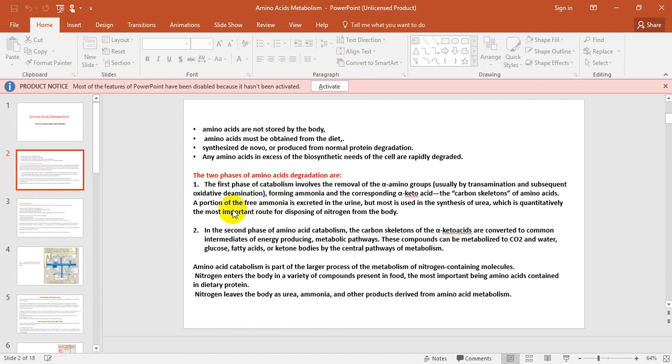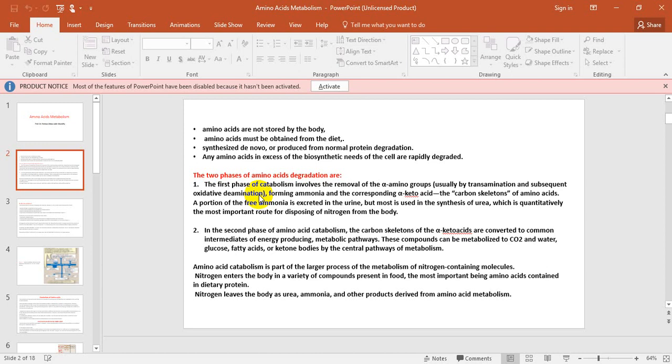Amino acid catabolism. There are two phases for amino acid degradation. The first phase is removal of the alpha amino group by transamination and subsequent oxidative deamination to form alpha keto acid and ammonia. Most of the ammonia is used in the synthesis of urea and the remainder is excreted in urine.